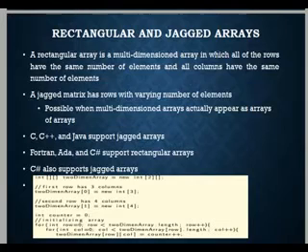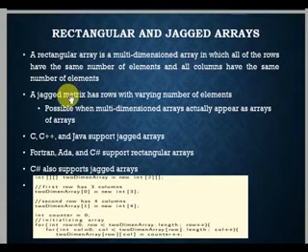Then there is also whether it is a rectangular or a jagged array. By the way, these are the concepts of the design issues. You have to answer the design issues questions. What does a rectangular array mean? It is an array in which all of the rows have the same number of elements and all columns have the same number of elements.